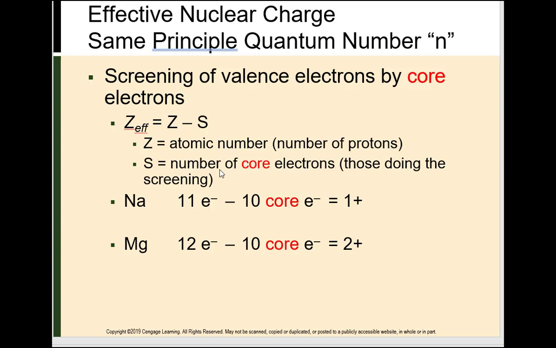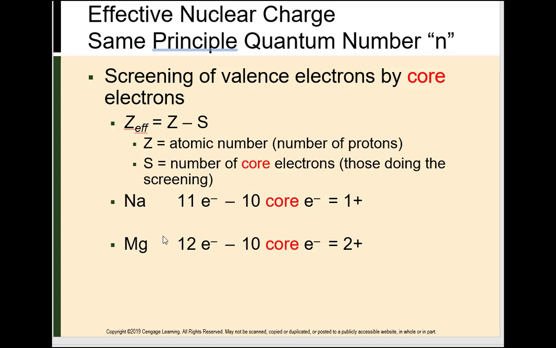That means everything in 1 and 2. Essentially that is taking the noble gas before sodium, which is neon, so 11 minus 10. That's my core electrons. 11 minus 10 is plus 1.